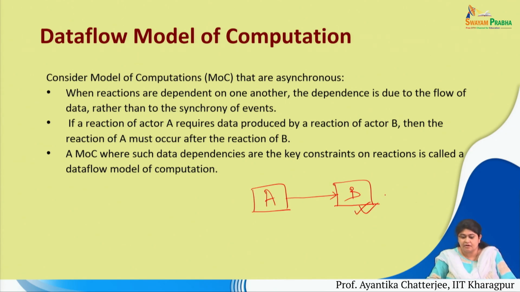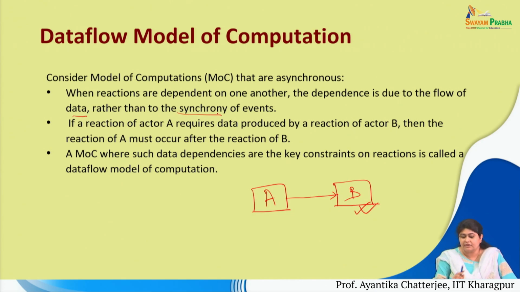Okay. So that is why, for this type of model of computation, where data flow is a major cause of dependency, that type of modeling we are going to discuss today. When reactions are dependent on one another, the dependence is due to the flow of data rather than to the synchrony of events.